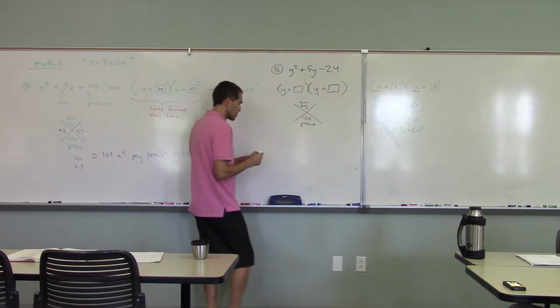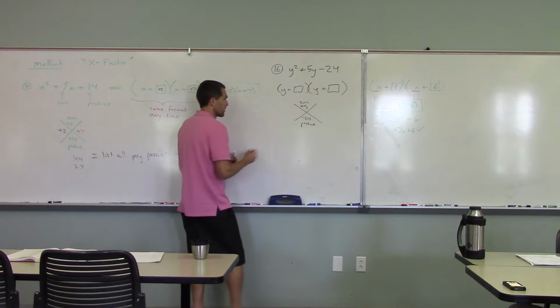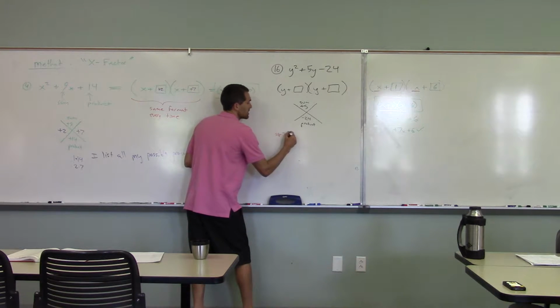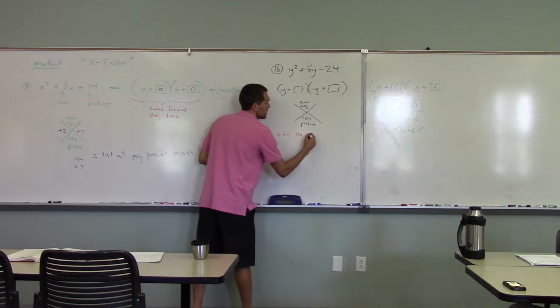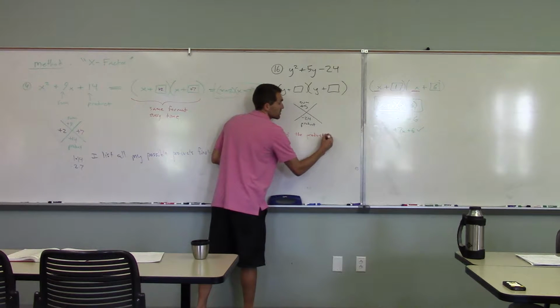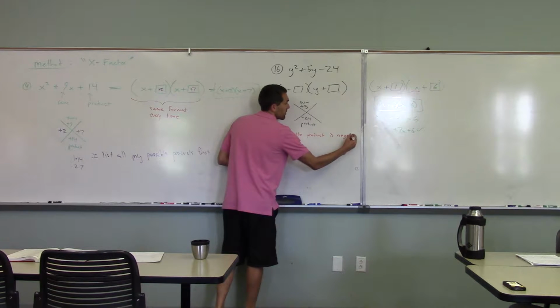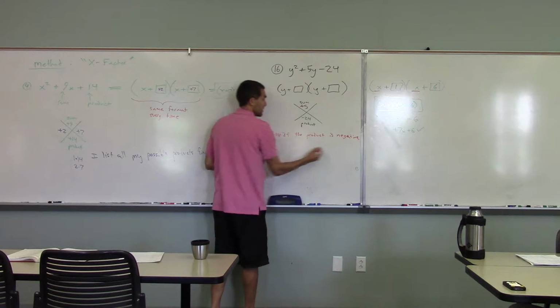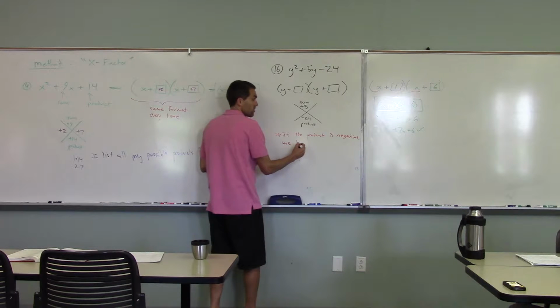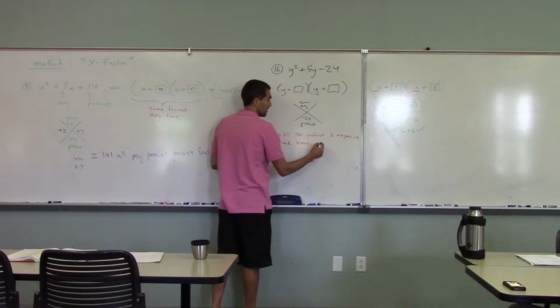Okay, now here's where the strategy comes in. If the product is negative, what do we know? One of your numbers is negative.